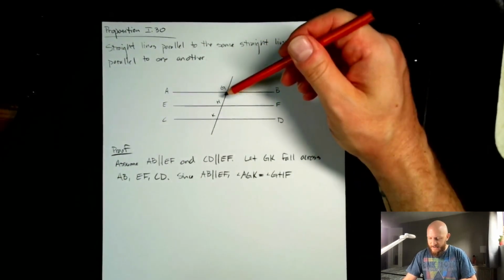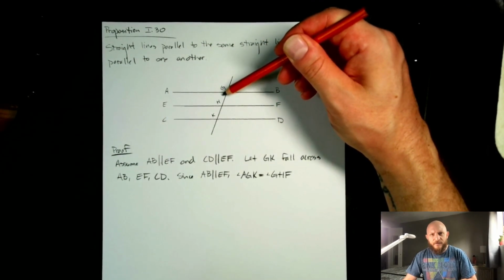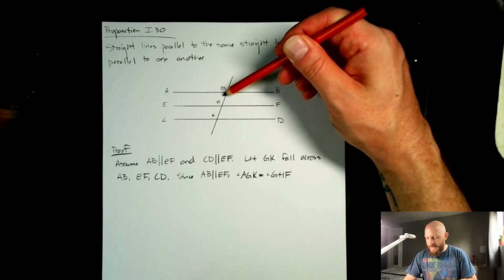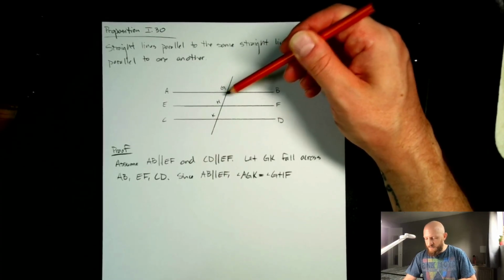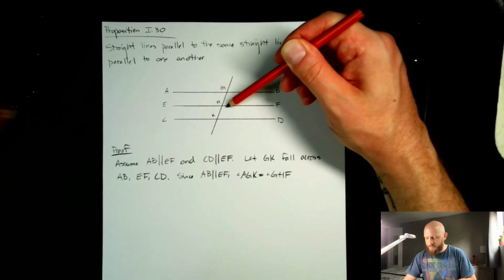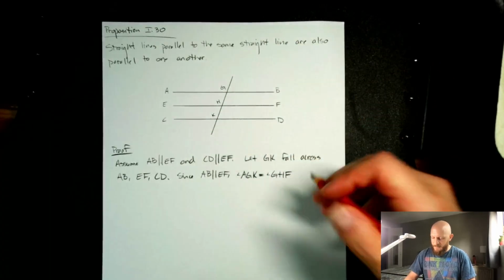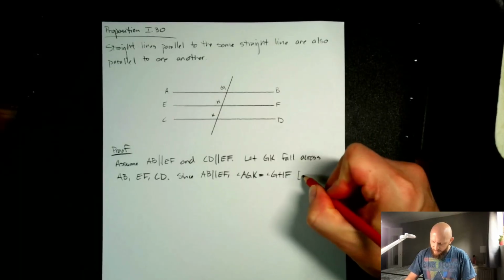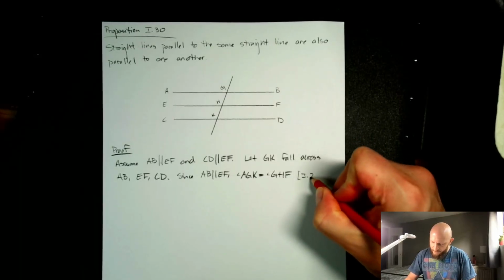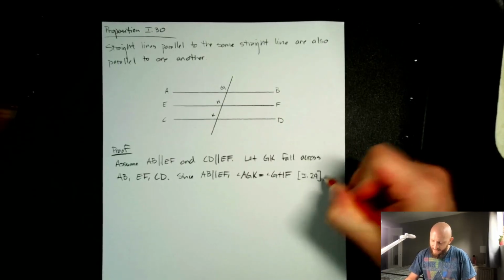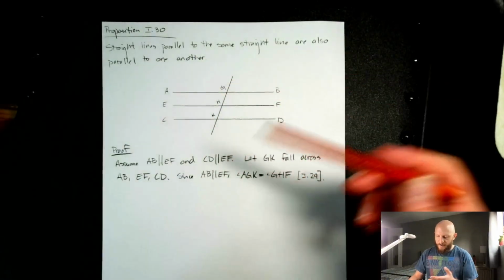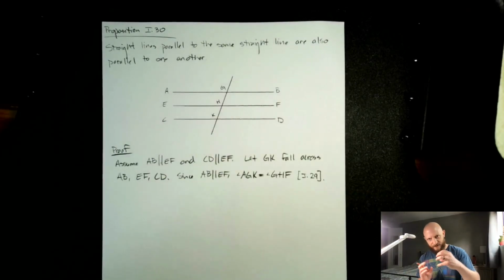So AGK is sort of this top angle right here, and that is equal to angle GHF. So this little angle right here. And where does that come from? Well, that comes from Prop 29, which is the one that says that if two lines are parallel to each other, then the alternate interior angles are equal.